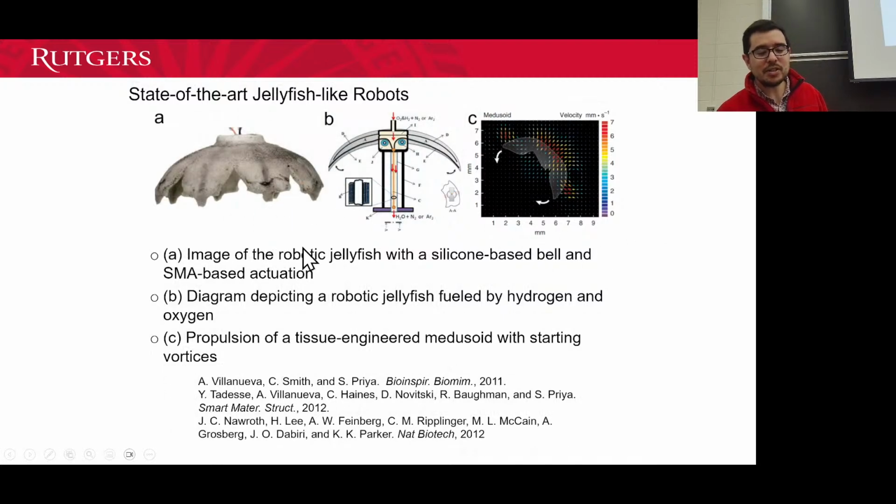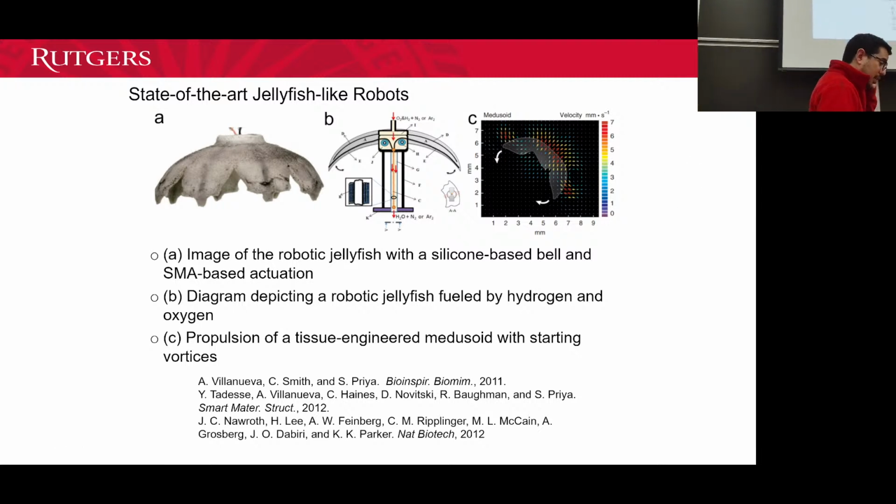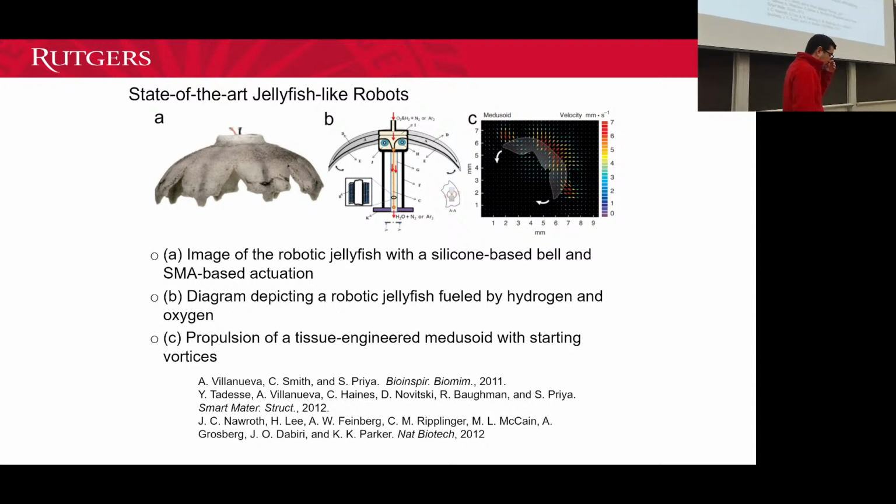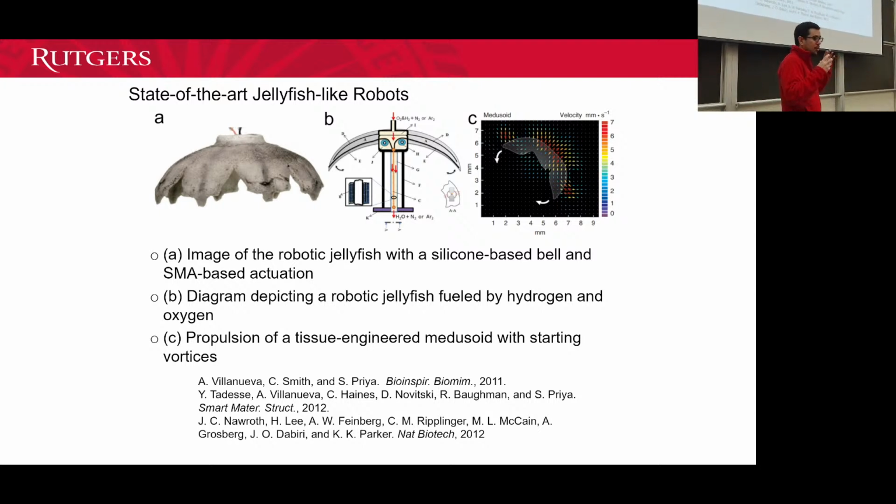Actually, first I'll show you the state of the art, at least back in 2011 and 12. These two jellyfish are from Virginia Tech. This one's from Harvard. The ones from Virginia Tech used shape memory alloys as their actuating material, and they would get them to contract, and they reported the results, and they're pretty interesting.